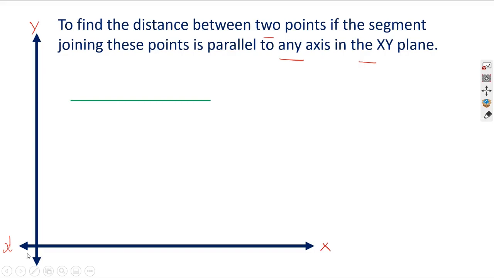And this is the line segment, for example. In this line segment, you can see that if I name this line segment as AB, the line segment AB is parallel to x-axis, correct?